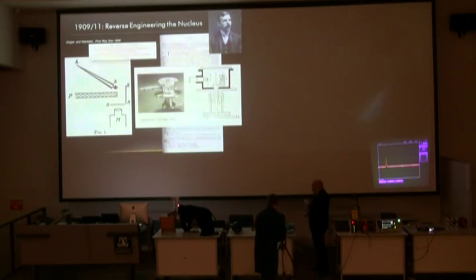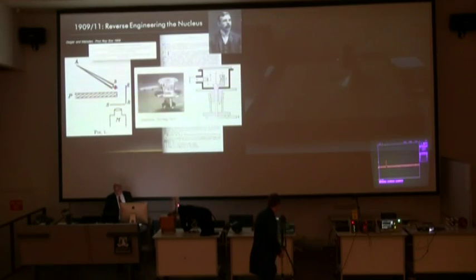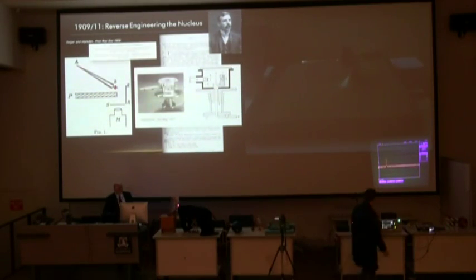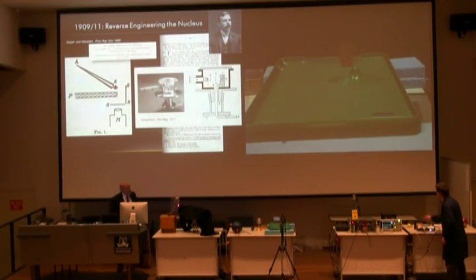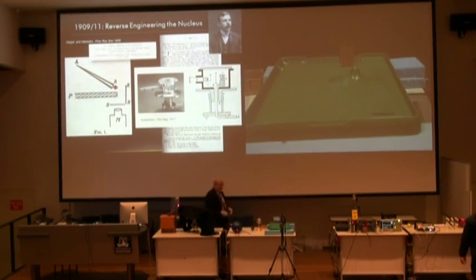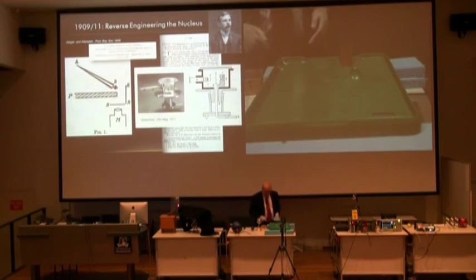But what Rutherford did, he said, okay, these alpha particles can be used to probe the nucleus, or probe the atom, because it wasn't clear what the atom was, apart from this model that Thomson put forward that nobody liked. And this was basically the idea.